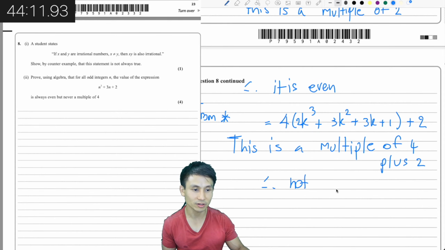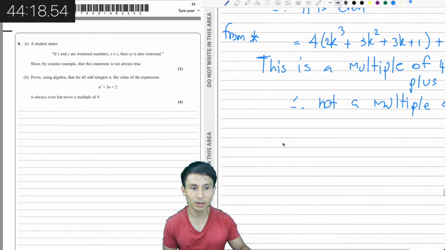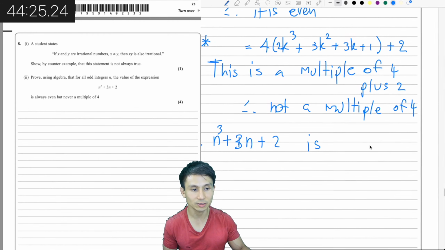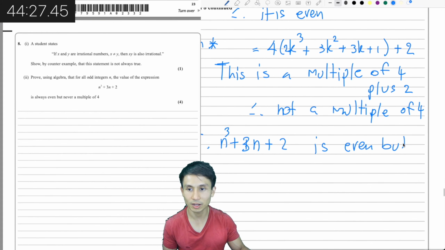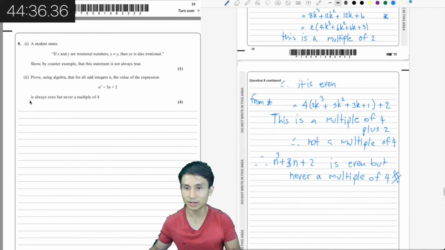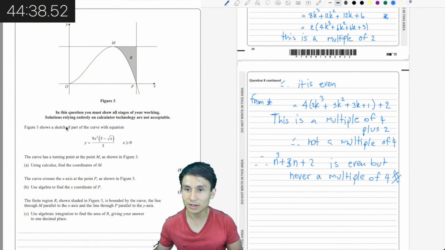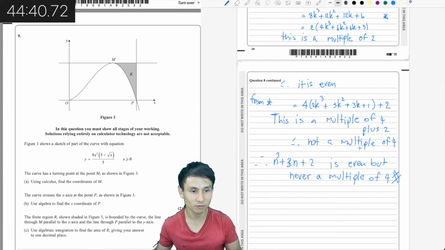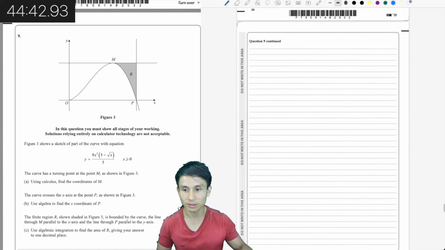Therefore, we conclude together n squared plus 3n plus 2 is even, but never a multiple of 4. That's the answer then. Number 9, we are quite good. Now we are at 44. I'm going to do this page.